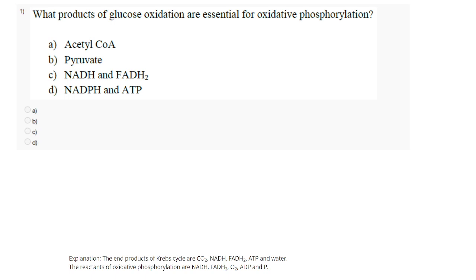From the glucose oxidation, whatever products are released, which of them are essential for oxidative phosphorylation? Is it acetyl coenzyme A, pyruvate, NADH and FADH2, NADPH and ADP? What's the correct answer here? Any one of you?